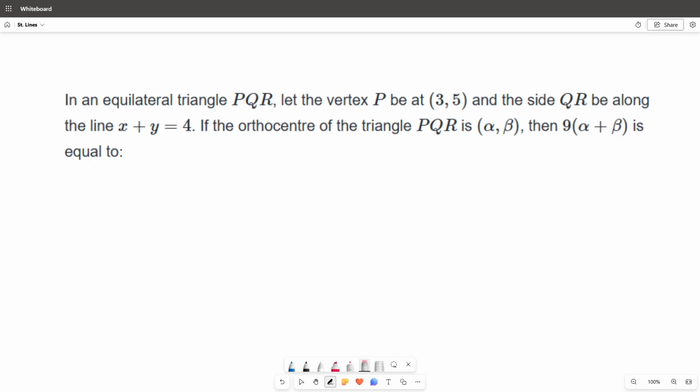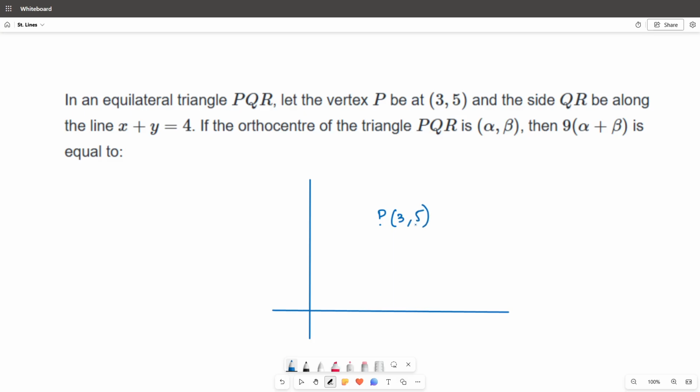It says in the equilateral triangle PQR, let the vertex P be at point 3, 5. So let's draw while reading the question. Let this be the y-axis and this be the x-axis, and this will be the point P, that is 3 comma 5.